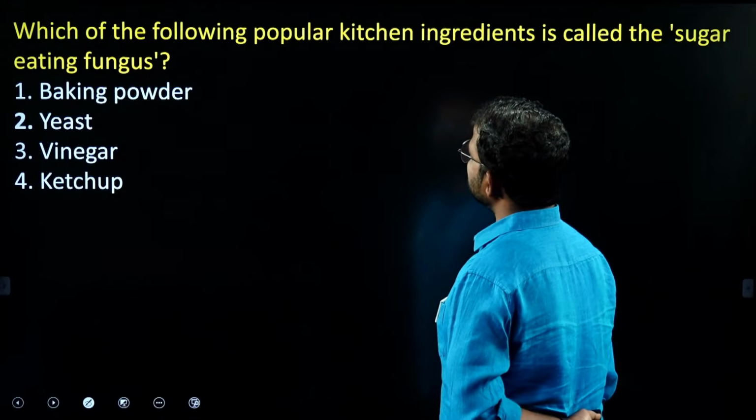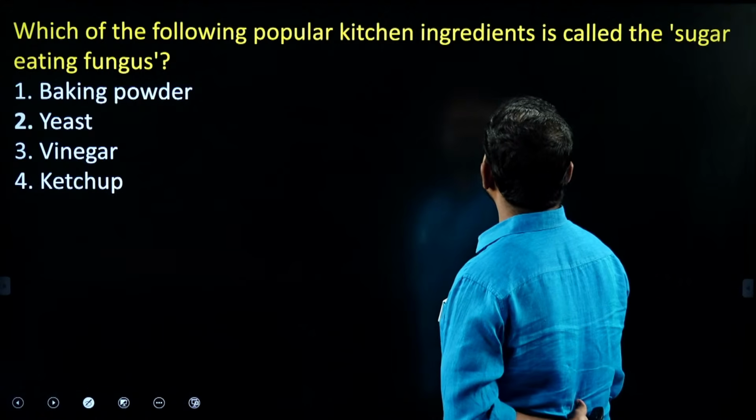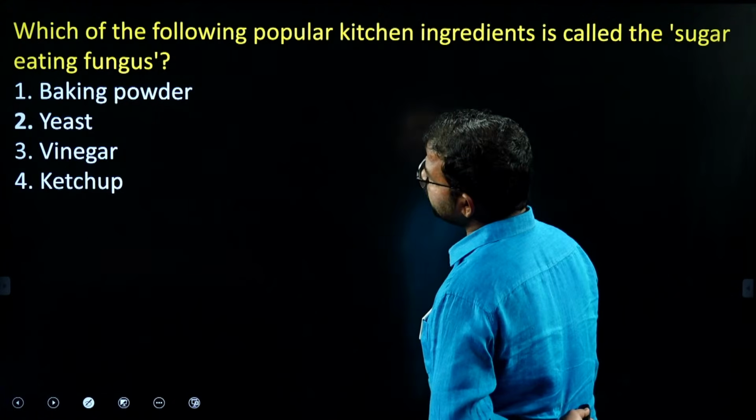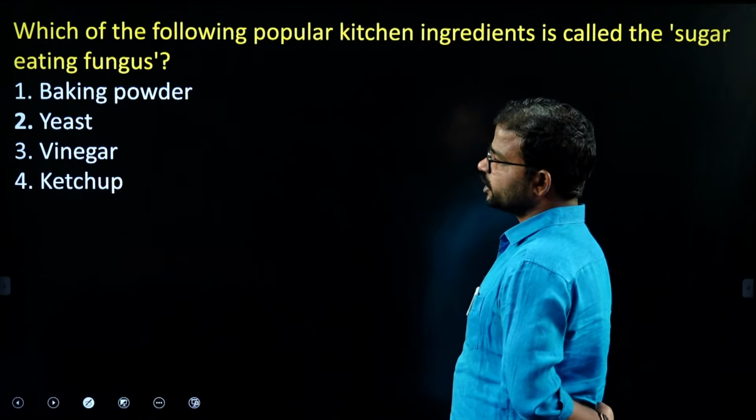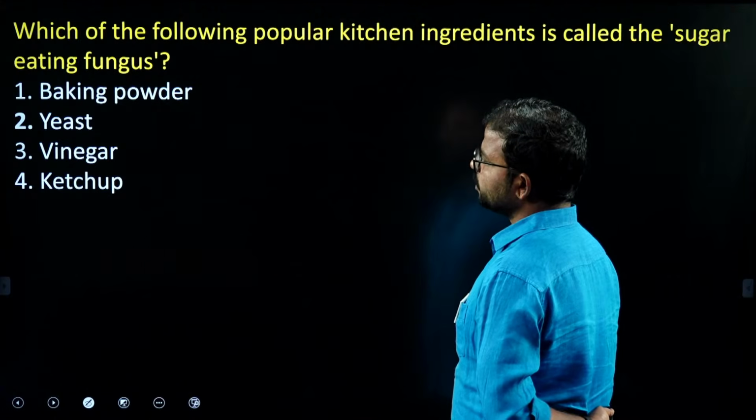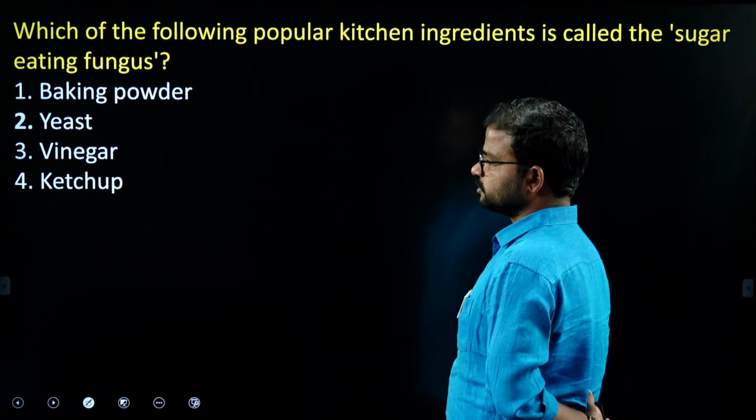Next, which of the following popular kitchen ingredients is called the sugar eating fungus? Baking powder, yeast, vinegar, ketchup.